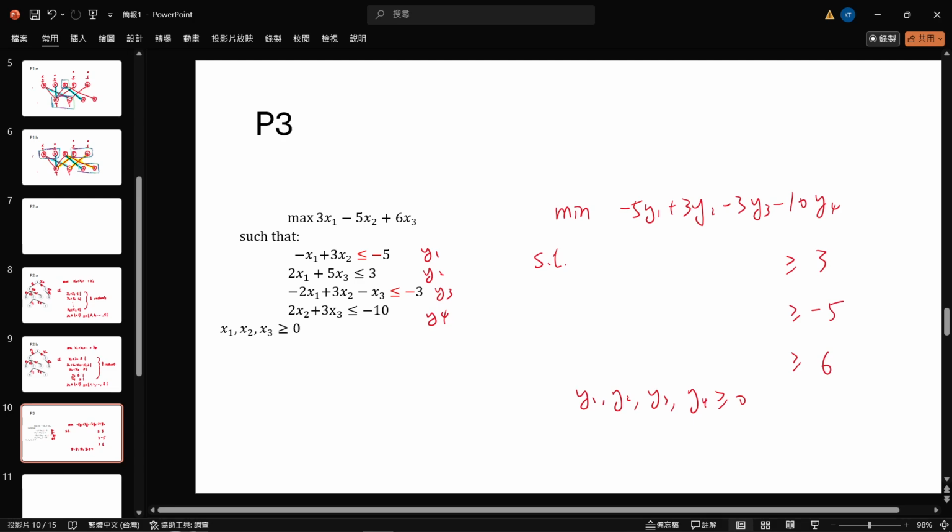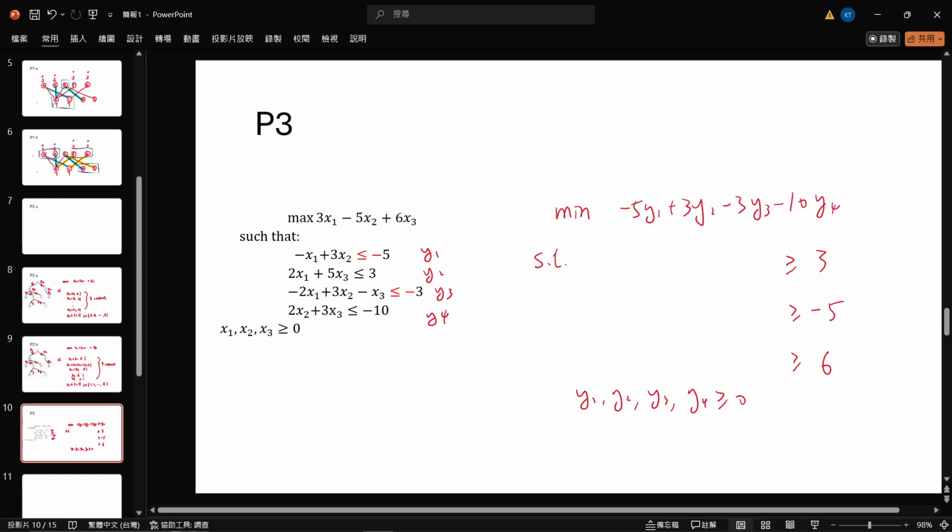Okay, so then we just have to figure out the coefficient of x1 in the weighted combination, okay, where the dual variables serve as the weights. So let's first consider x1, okay. So multiplying y1 to both sides, in particular because all the variables only appear in the left hand side, so we only have to consider the left hand side.